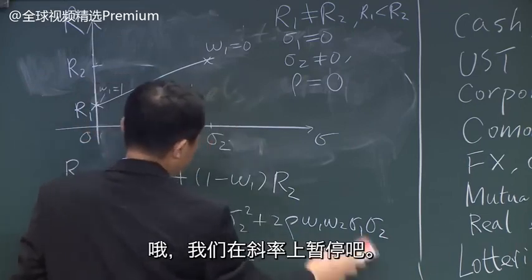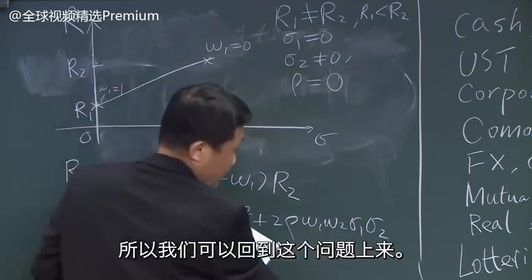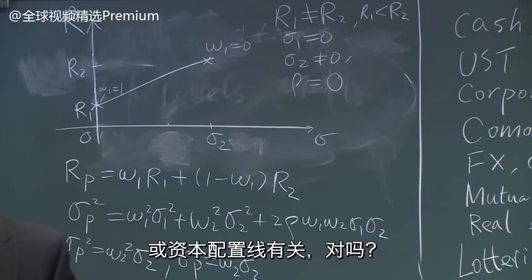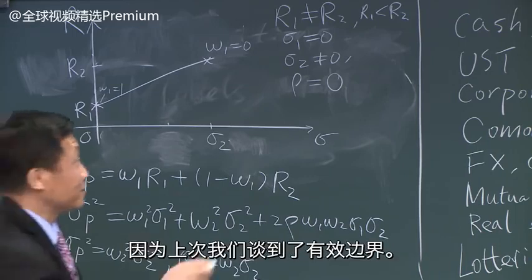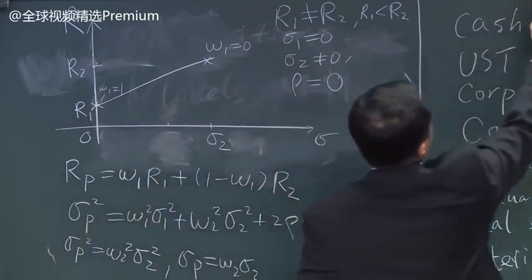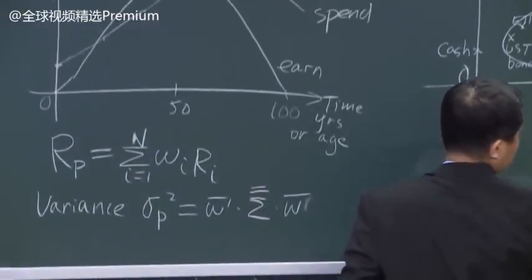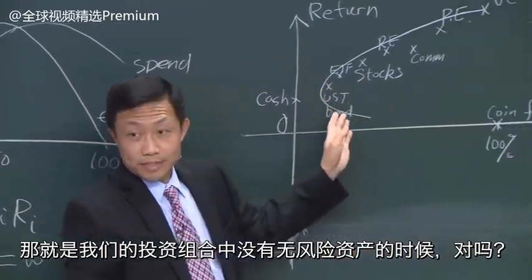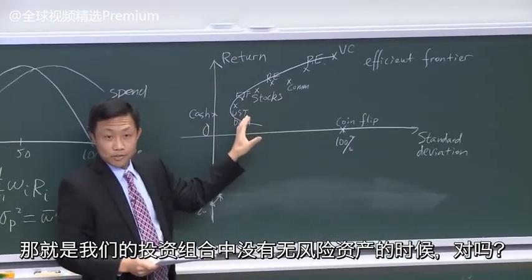Oh, let's wait on the slope so we can come back to this, because this actually relates back to the so-called capital market line or capital allocation line. Last time we talked about the efficient frontier. That's when we have no riskless assets in the portfolio, right?